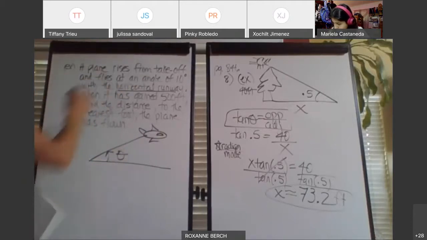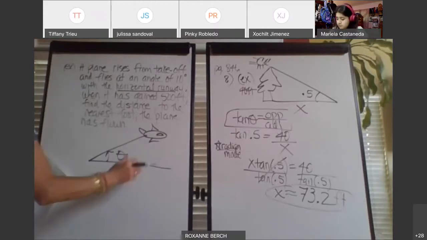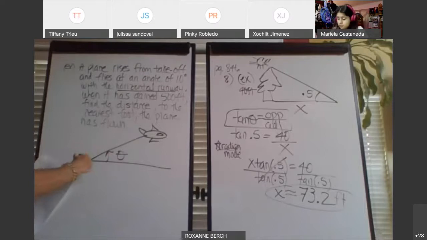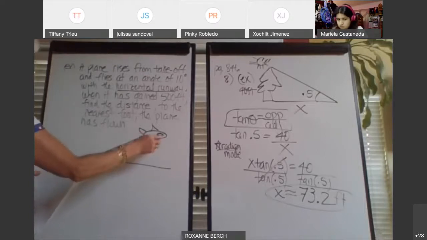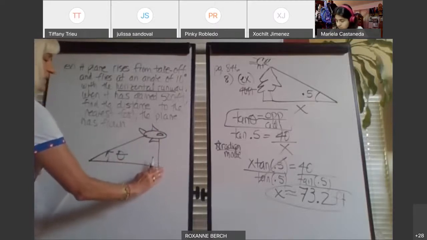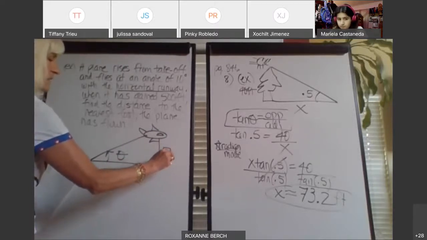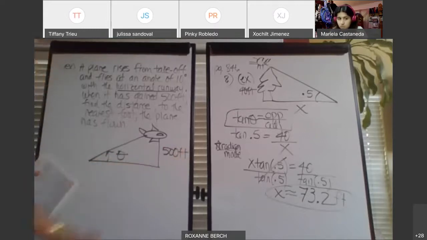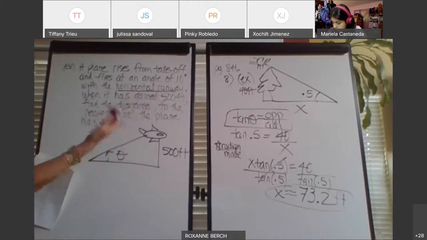When it's gained 500 feet, they're talking about the height. If I asked to measure your height, you would stand straight up. So when it says it's gained 500 feet, they're talking about height.